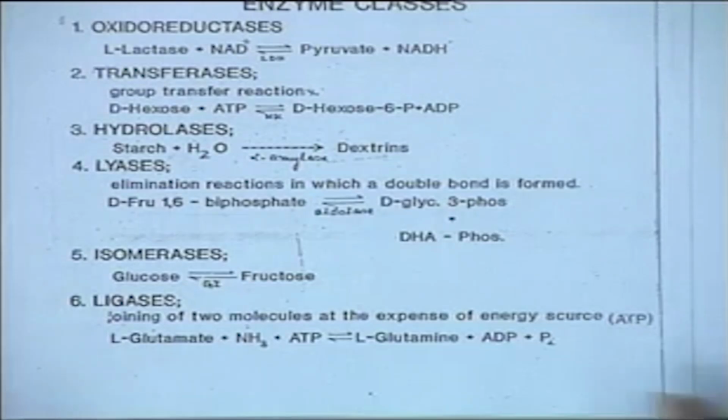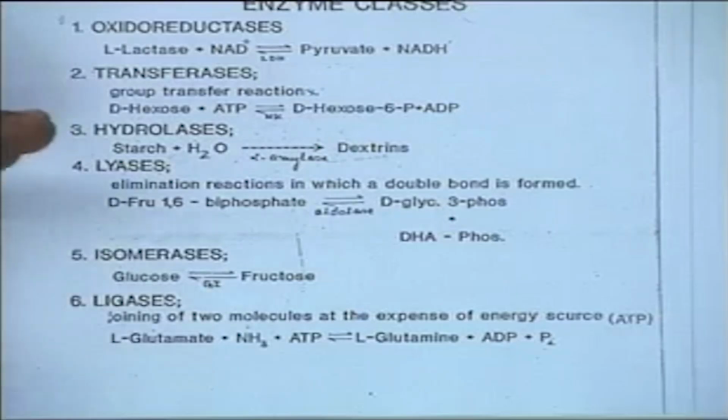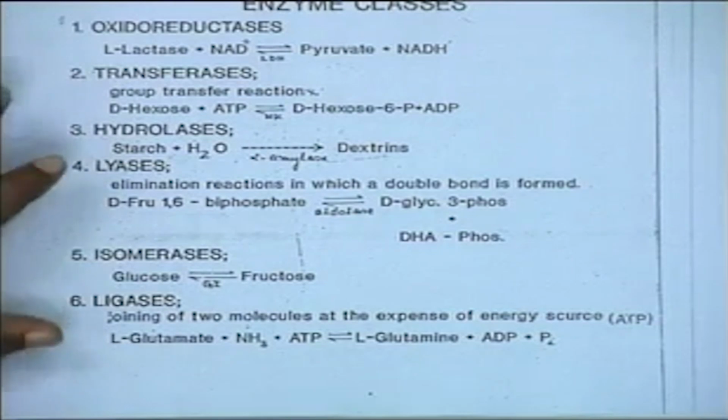But the basic enzymes can be classified, and each of these classes is also characterized in subclasses. Subclasses refer to the type of substrate or the type of product that is produced by those enzymes. So, basically, I have given some examples of each of the classes here.